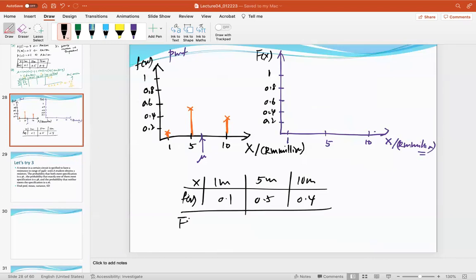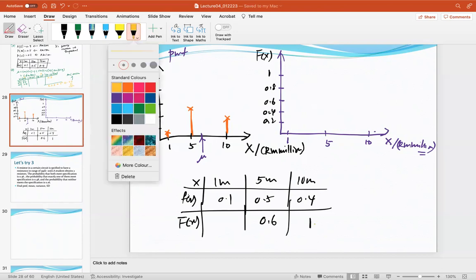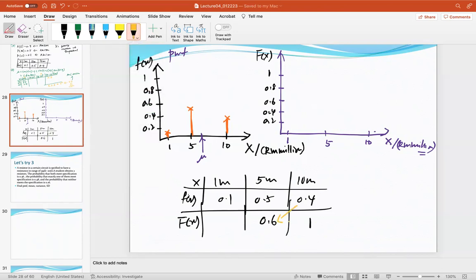If you want the big F, we know that the end is always 1. Then this is 0.6, because 1 minus 0.4 gives 0.6, and 0.6 minus 0.5 gives 0.1.